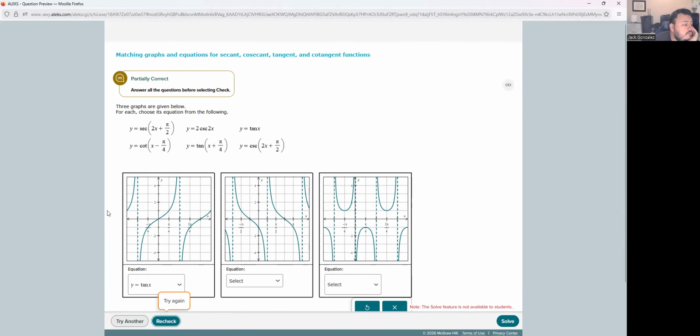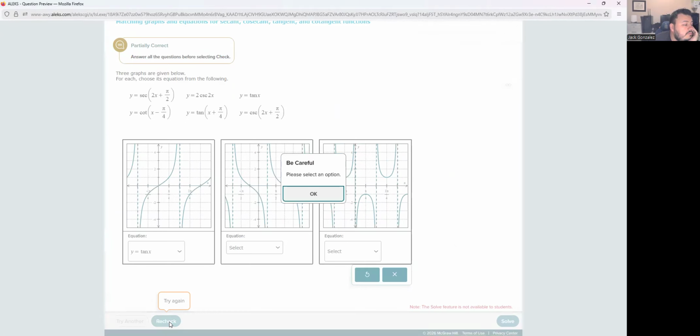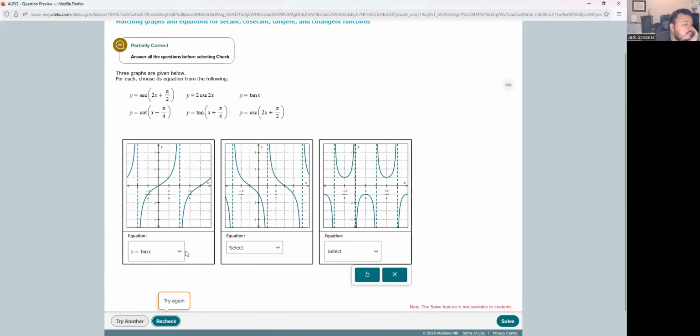Oops, I hit the wrong button. Asymptotes at the right spot, right? They should be at pi over 2. So this guy looks like either secant or cosecant.